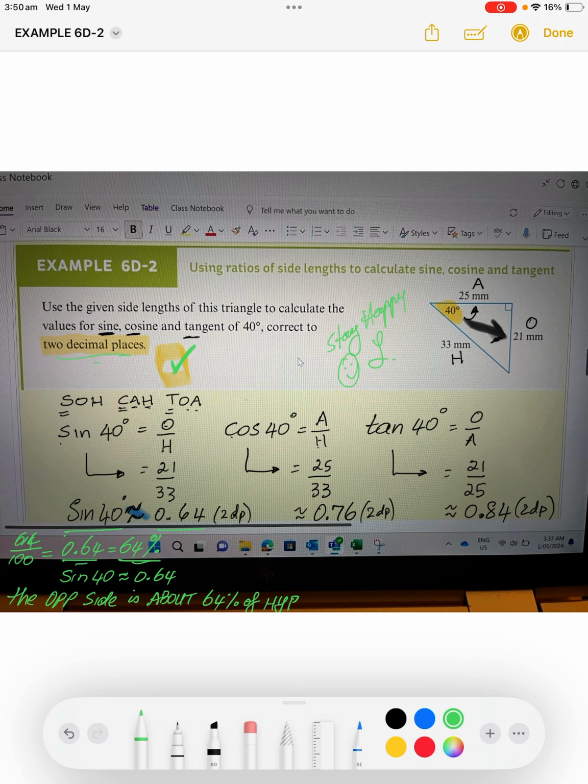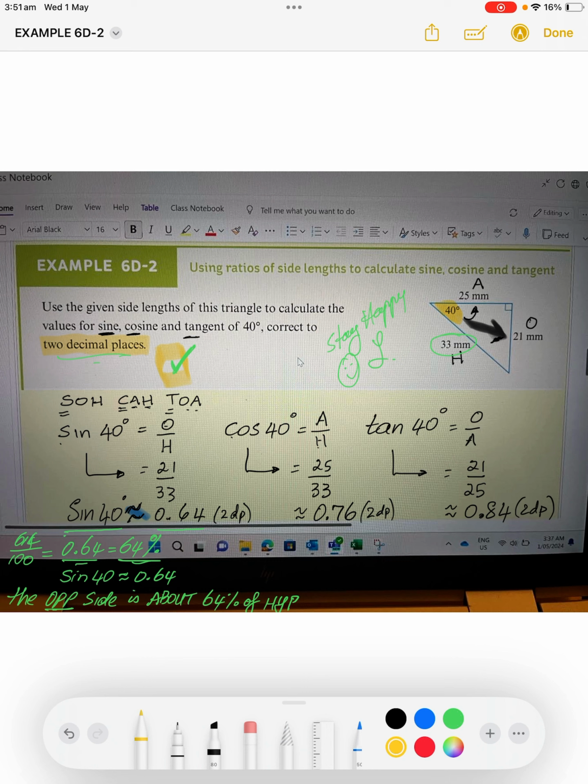That's why we do sine of 40, because in every right angle triangle, no matter how big or how small, the opposite side will always be about 64% of the hypotenuse. And if you work out 64% of 33 on the calculator, 0.64 times 33, you get an answer close to 21 millimeters.